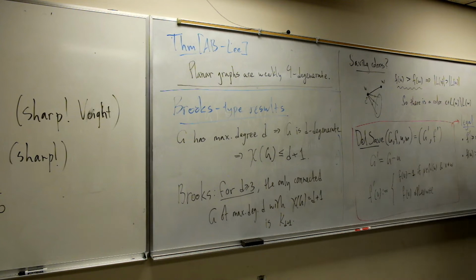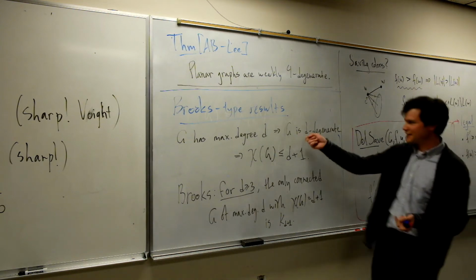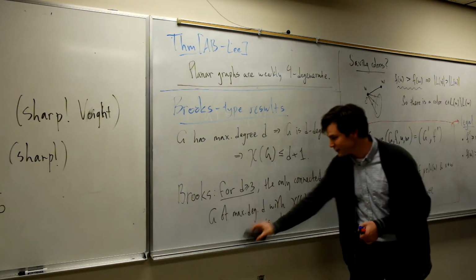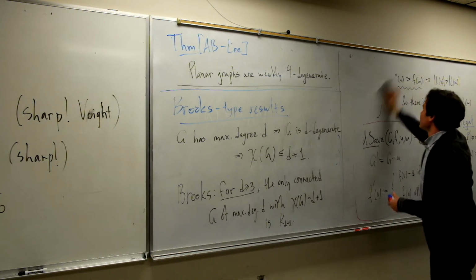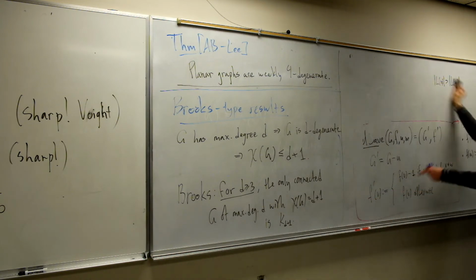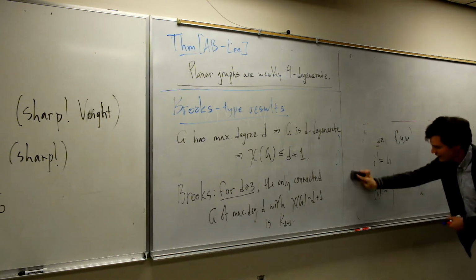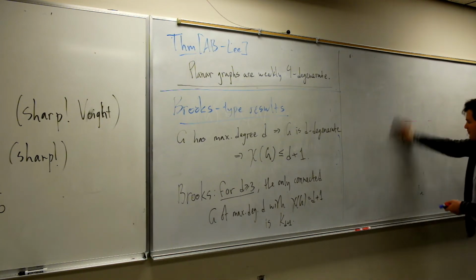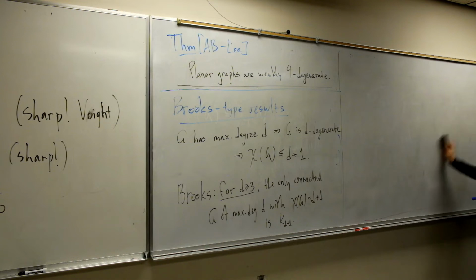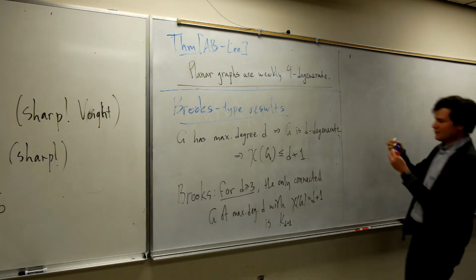That's the unique exception. And of course, every D-regular graph is a sharpness example for D-degeneracy. So again, it turns out that you can recover this by switching from ordinary degeneracy to weak degeneracy. The only tool you need for proving Brooks' theorem is being able to save one color in this funny way.